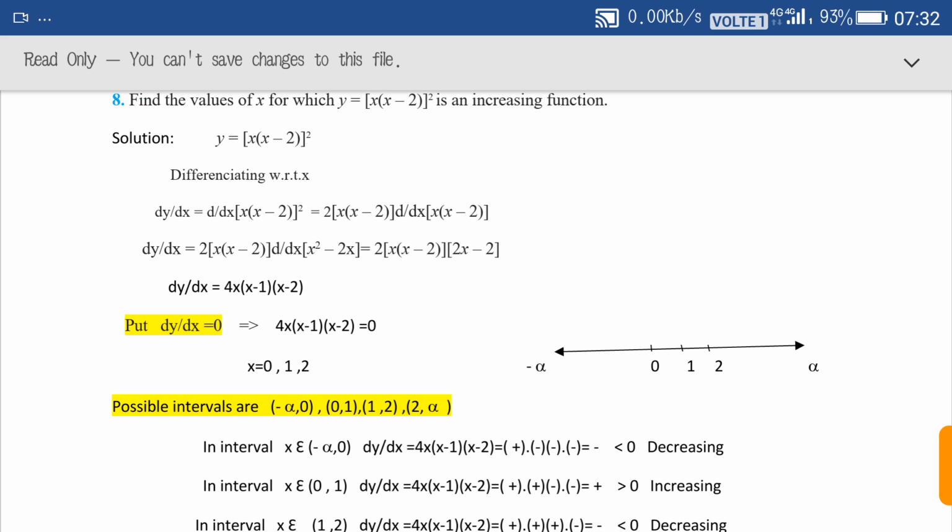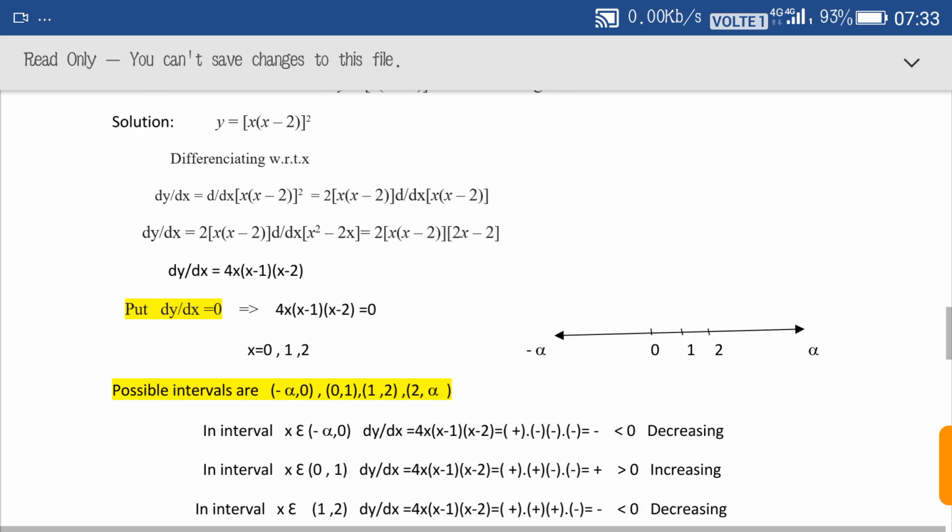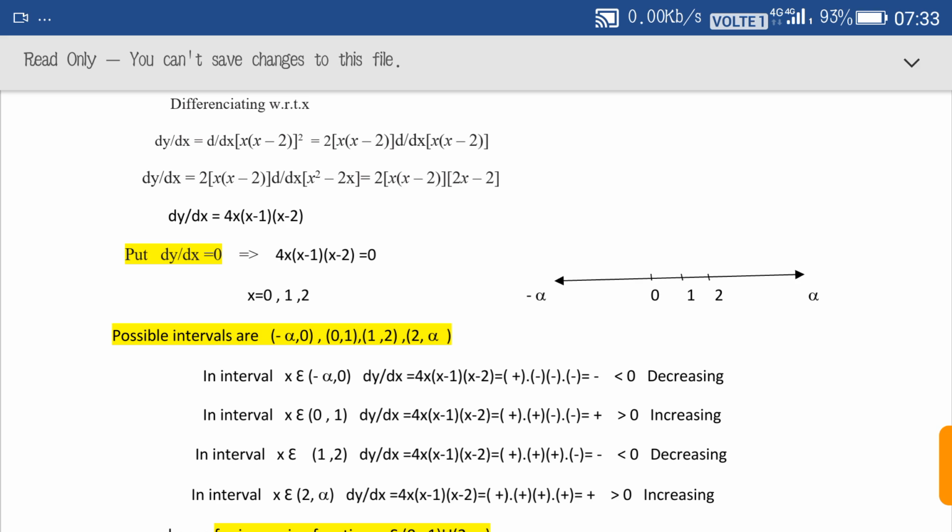Now represent these numbers on the number line. So we get the possible intervals: minus infinity to 0, 0 to 1, 1 to 2, and 2 to infinity. There are 4 intervals, and among these we have to check f'(x), which means dy/dx.